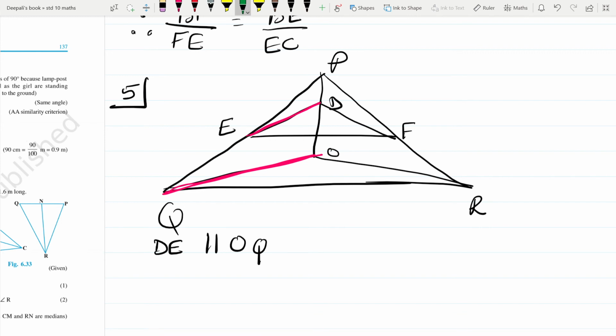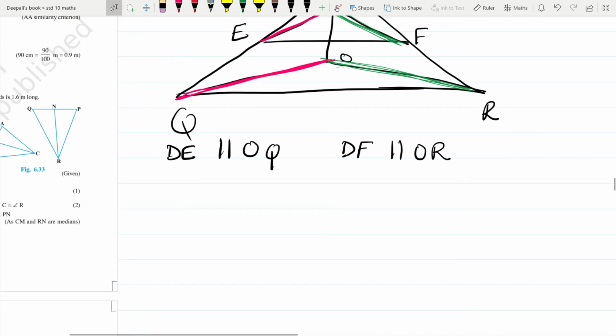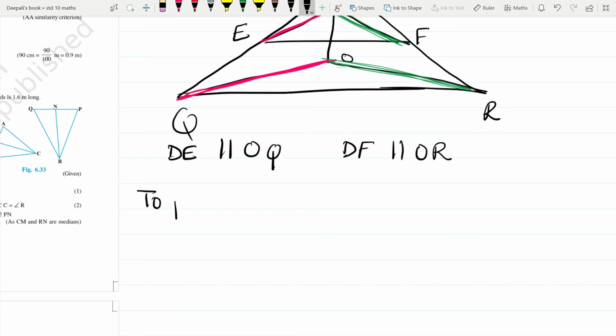Same way, DF is parallel to OR. Now we have to show that EF is parallel to QR.